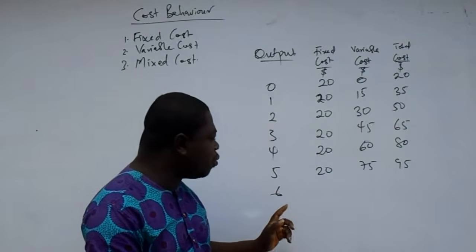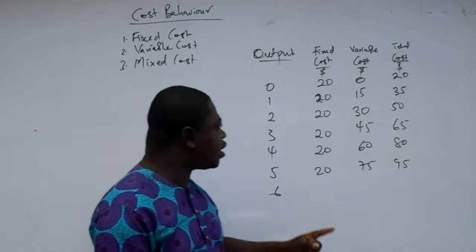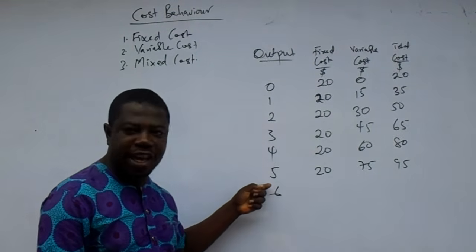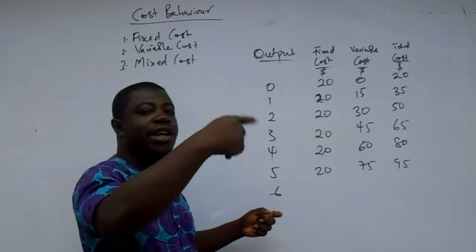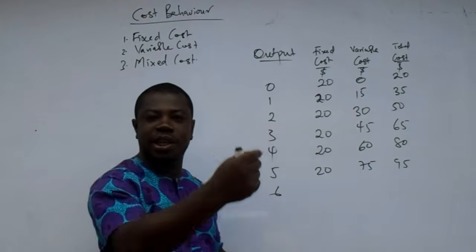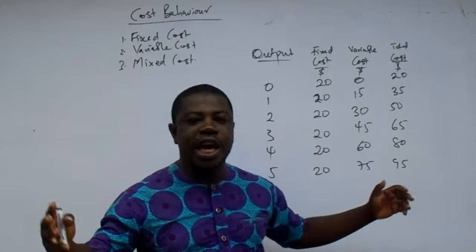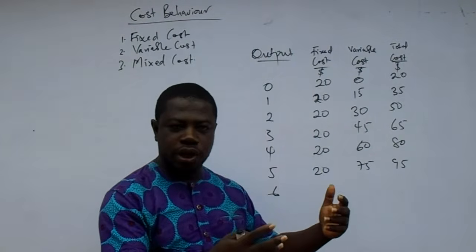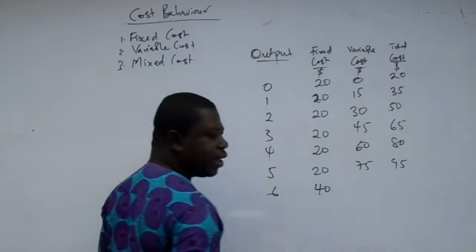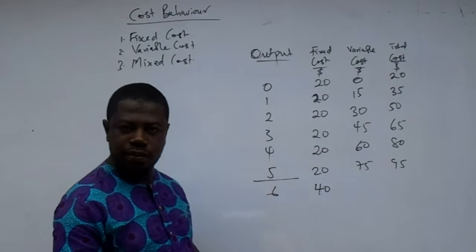They may need an extra room because their first room will not be able to produce more than 5. And if the extra room will also cost them $20, now anything they are producing beyond 5, they will need 2 rooms, and so their rent is going to be doubled with another $20, and that will increase fixed cost to 40.